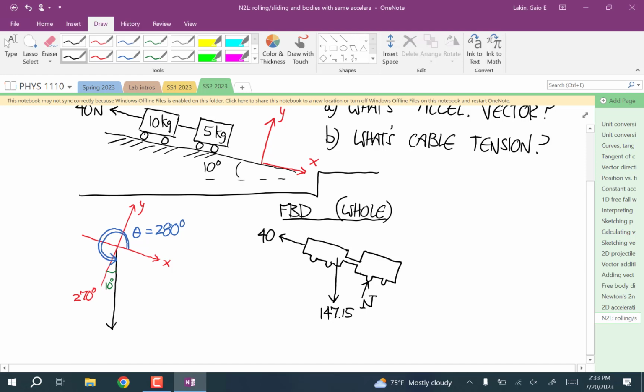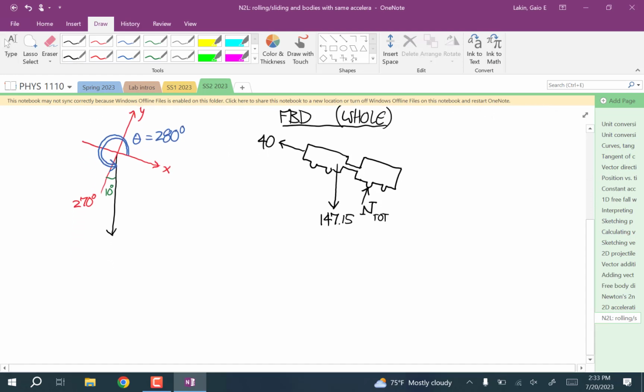And I'm going to call this N total. You know, that's just a variable name, but I'm going to use different N's later, so I'm just trying to be clear about that. Okay, so now we go to Newton's second law. And we're just putting in these vectors.